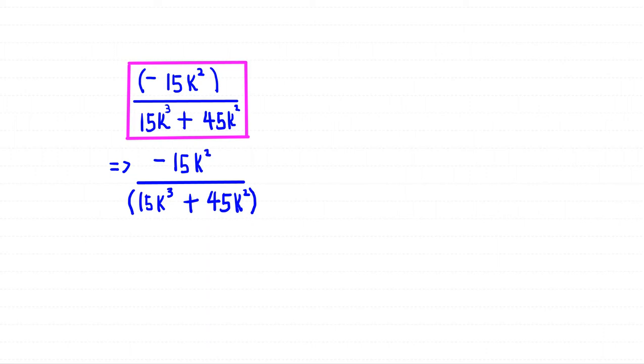So let's simplify it. We learned that in order to simplify this expression, we need to pull out the greatest common divisor of these polynomials. If you look at the numerator, there's only one term, so we cannot find a common factor there, but we can simplify the denominator because there are two terms.